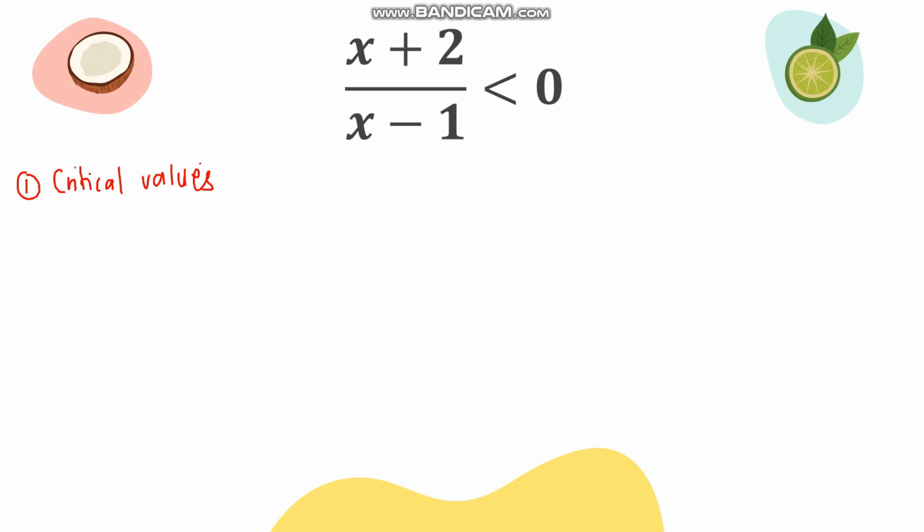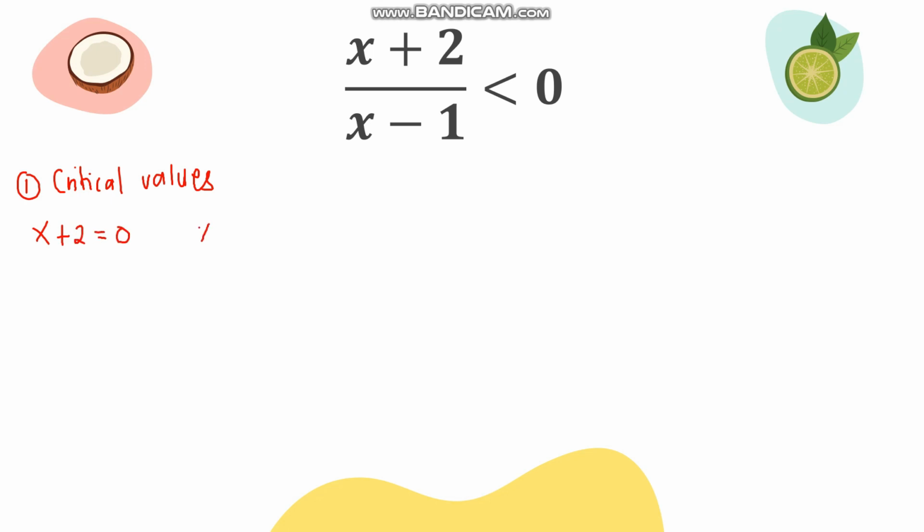Now how are we going to identify the critical values? Since we have expressions for the numerator and the denominator, we have to solve them separately. So what you will do is equate the numerator and the denominator to 0 and then solve for x. First we have x plus 2, we equate it to 0.